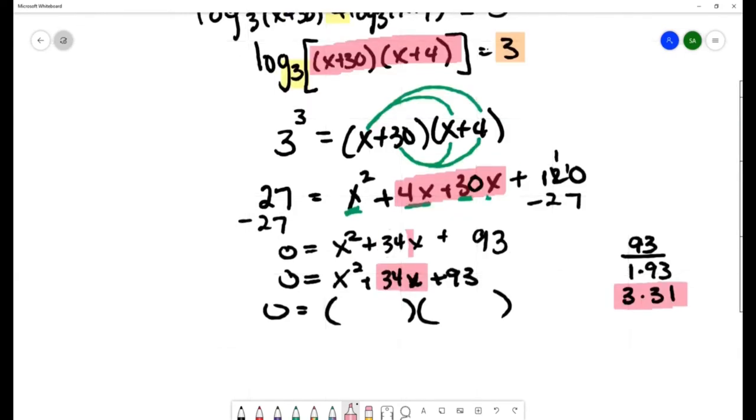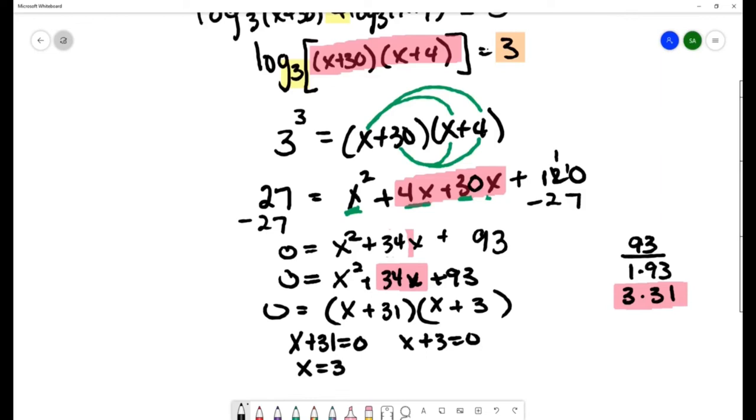So we've got x and x, 31 and 3, and we want both of them to be pluses. We're going to set each factor equal to 0 using the zero product property to get x equals negative 31 and x equals negative 3.